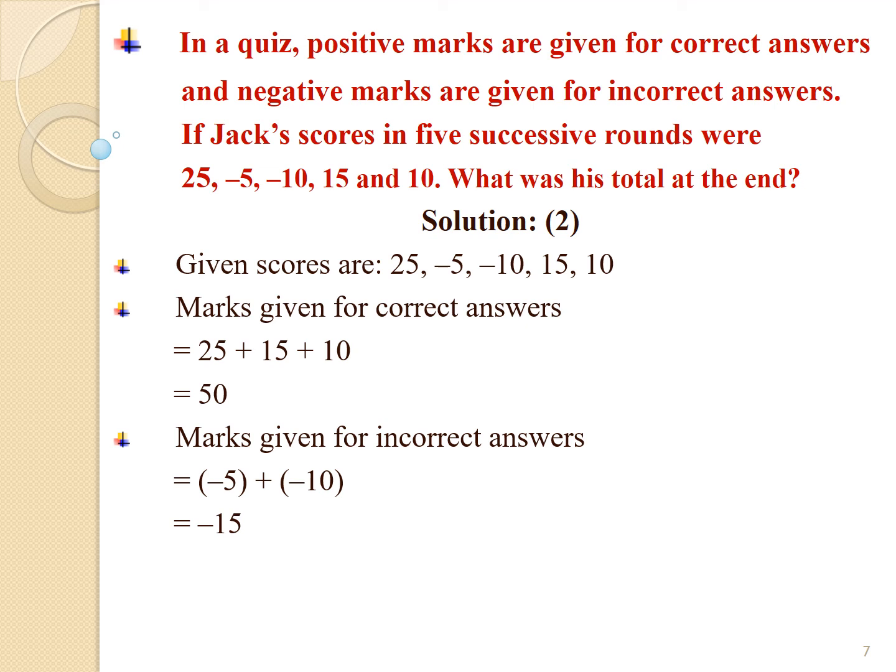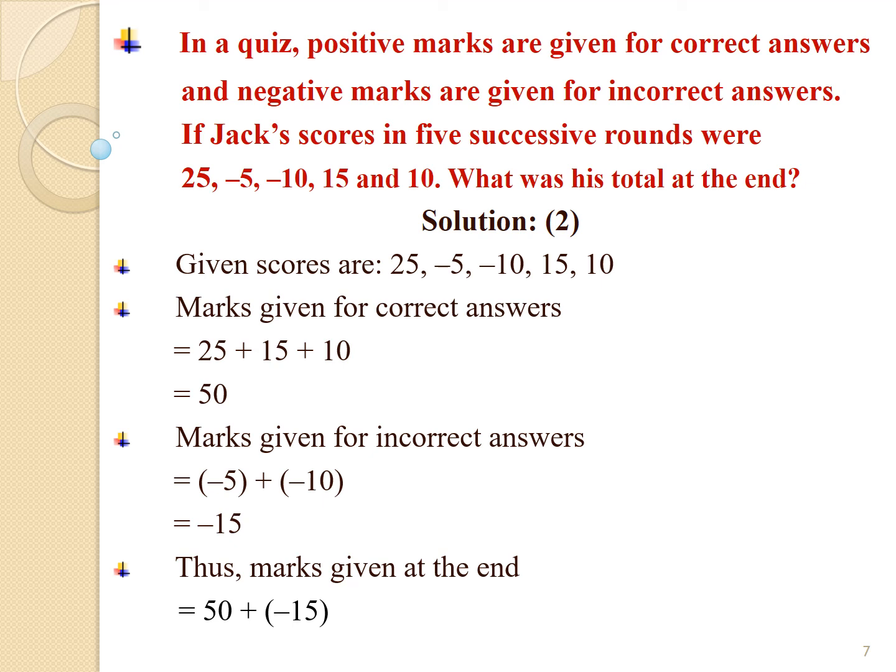Now, let us find out the total score or final score of Jack. Thus, marks given at the end is equal to 50 plus -15.